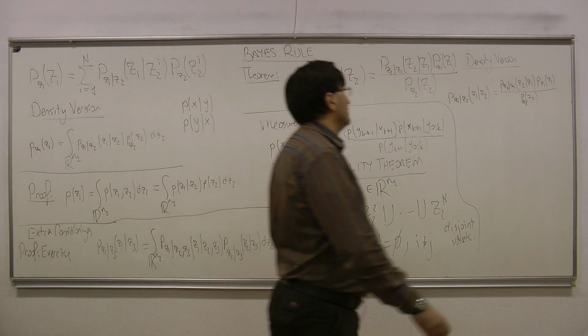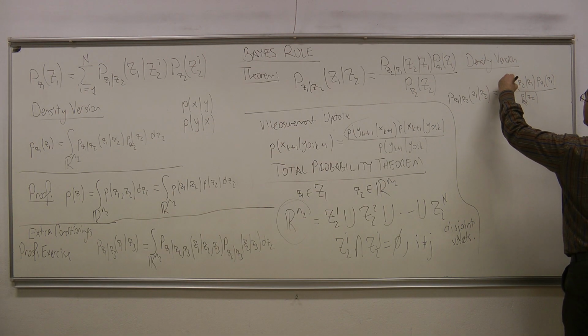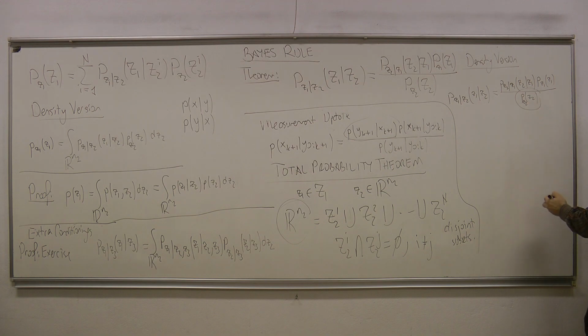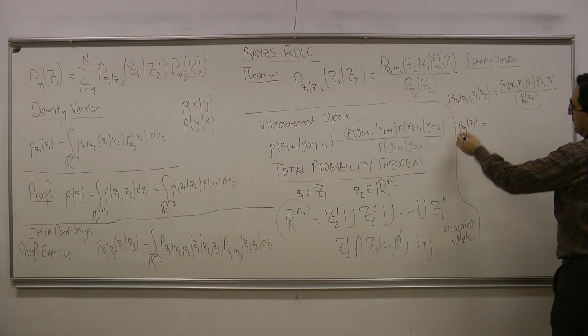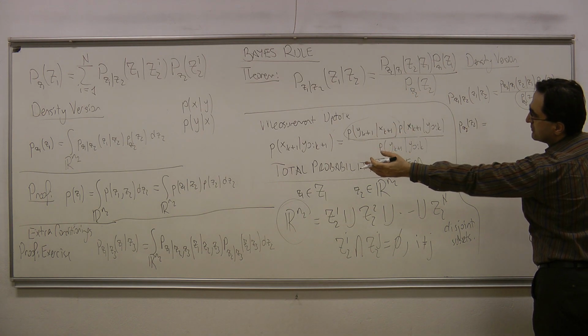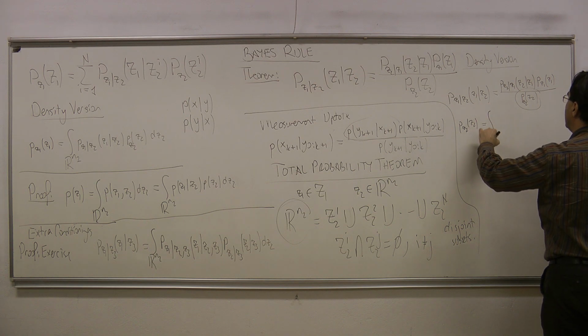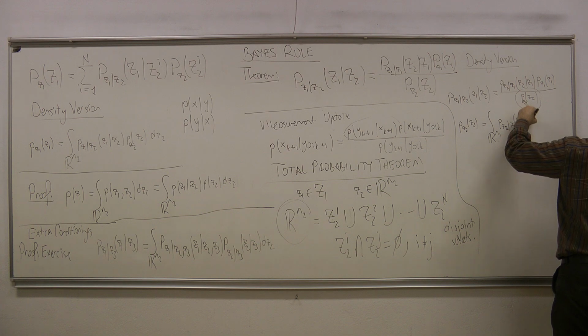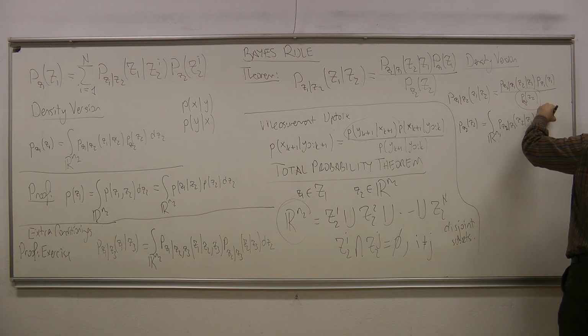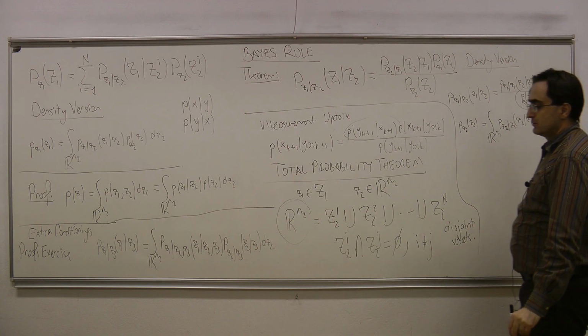In many cases, we actually write this denominator in the following form. I take p(z2), and I apply the total probability theorem, the density version, on it. So I write it as the integral of p(z2 given z1) p(z1) dz1.